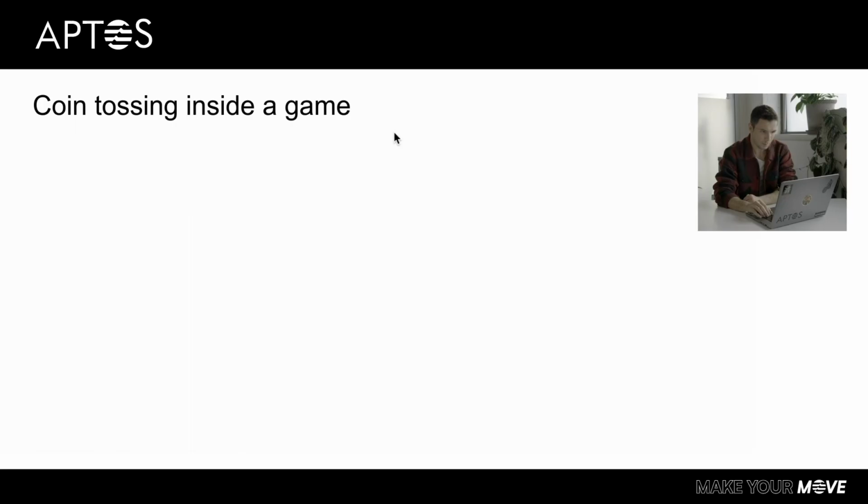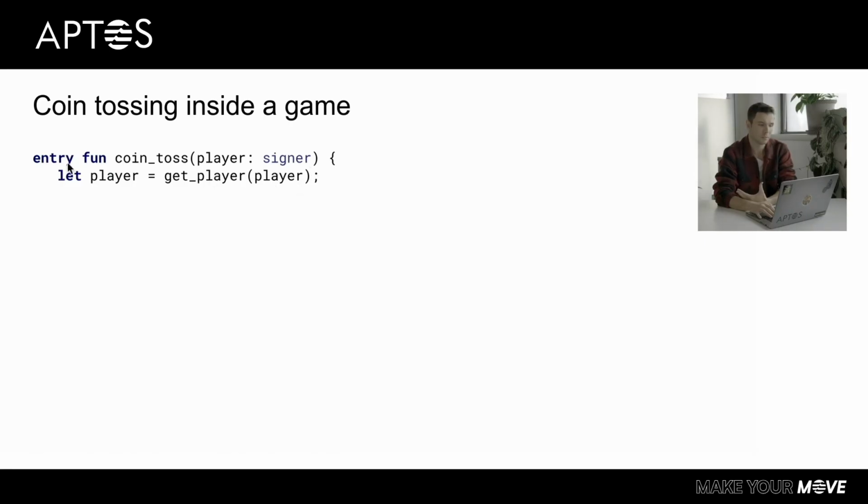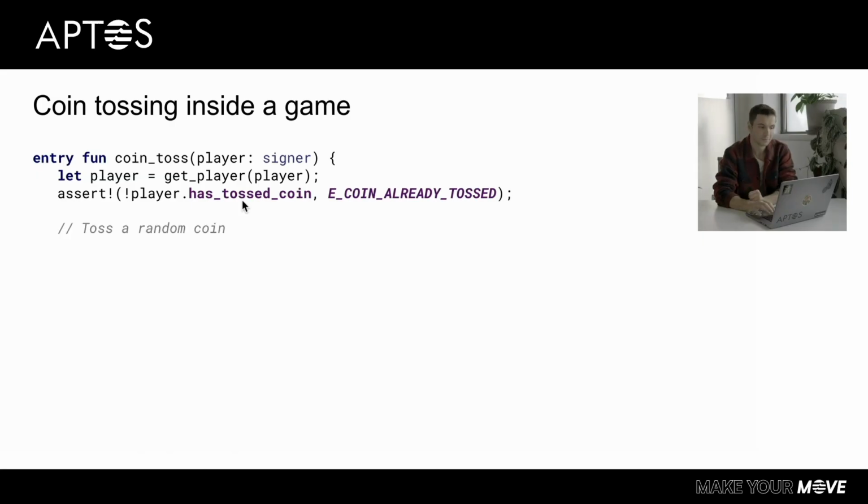So the attacker can basically ensure that this outcome, which is very positive, happens all the time. So let's look at an example. Imagine you have a game that does some coin tossing at some point. There might be an entry function called coin toss, which takes the player's signer as input. You might simply fetch a player object using the signer and check that the player hasn't tossed a coin already. And if he hasn't, you toss a coin for the player. We simulate this by picking a random number between 0 and 2, where 2 is exclusive.